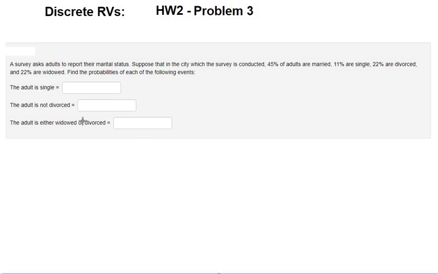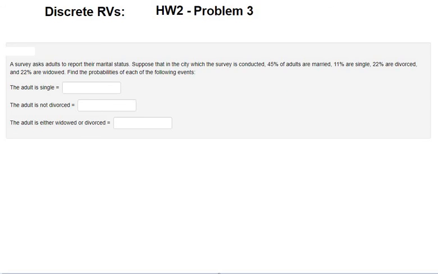Problem number 3. A survey asks adults to report their marital status. Suppose that in the city in which the survey is conducted, 45% of adults are married, 11% are single, 22% are divorced, and 22% are widowed. Find the probabilities of each of the following events.